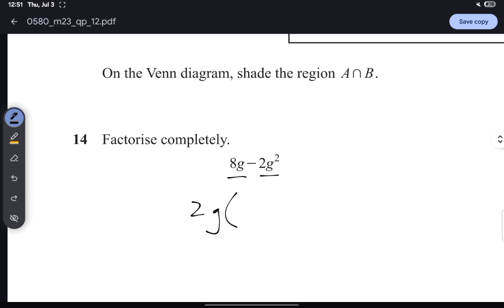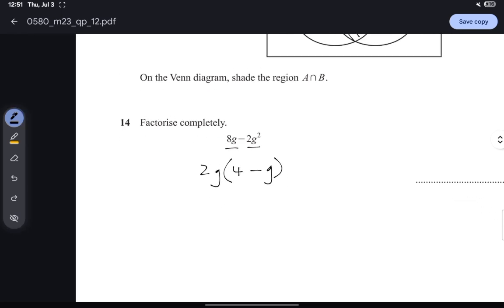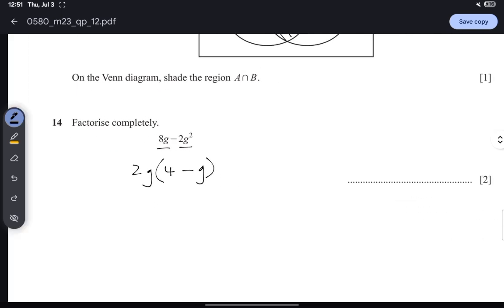Then we say 2G into 8G, that will give us 4, minus 2G into 2G squared, that's a G. And that will be our answer. When we factorize, it's 2G(4 minus G). So we look at the two terms and we look for stuff that's common to the terms, then we divide by those and we introduce brackets.